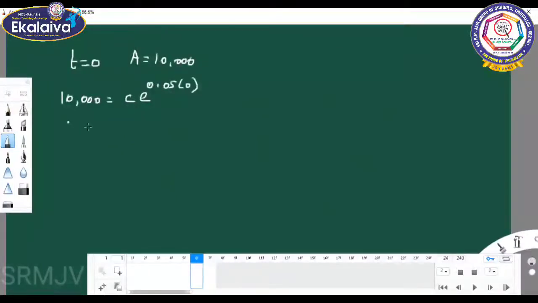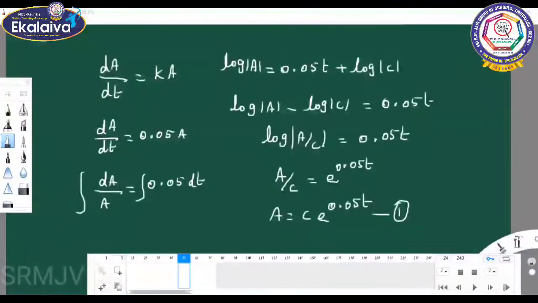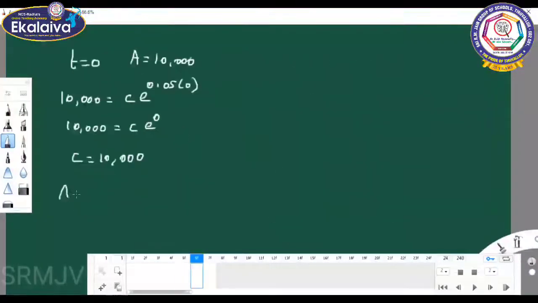So 10,000 equals c e power 0. What is the value of c? c equals 10,000. You can substitute this in the equation: A equals 10,000 e power 0.05t. Take it as the second equation.